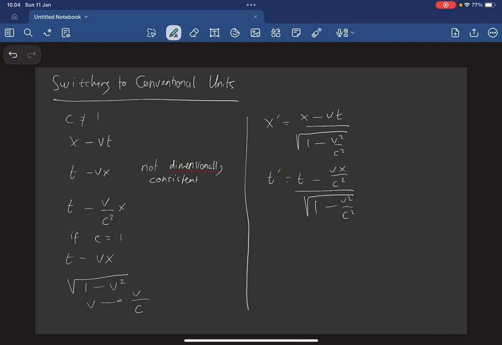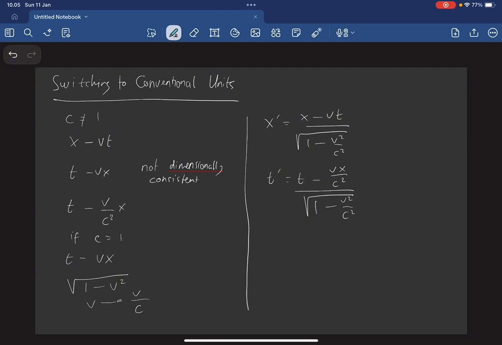Notice that when v is very small compared to the speed of light, v square per c square is even smaller. For example, if v divided by c is 1 per 10, then v square divided by c square is 1 per 100. If v per c is 10 to the power of minus 5, then v square per c square is truly a small number, and the expression square root of 1 minus v square divided by c square in the denominator is very close to 1.